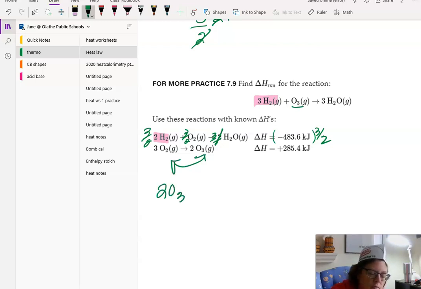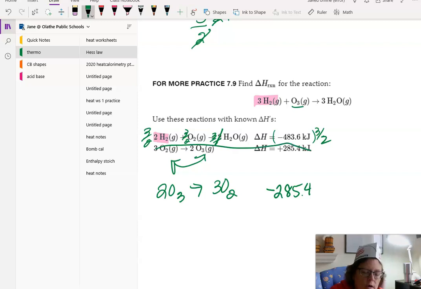So 2O3 gives us 3O2. So this is going to become negative 285.4. And I just need 1, so I'm going to multiply everything in this one by 1/2. So this guy's good now. 3 waters, we have 3 waters.